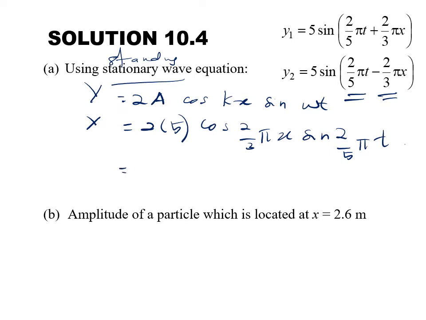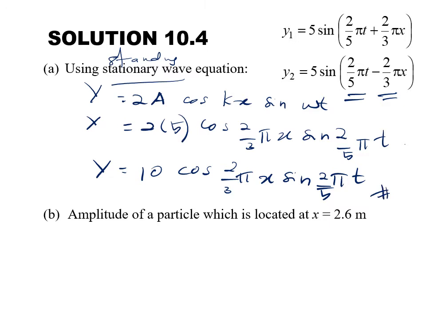So from here you will get our standing wave equation: y equals 10 cos 2/3 pi x sin 2/5 pi t. Okay, this is our standing wave equation or stationary wave equation.